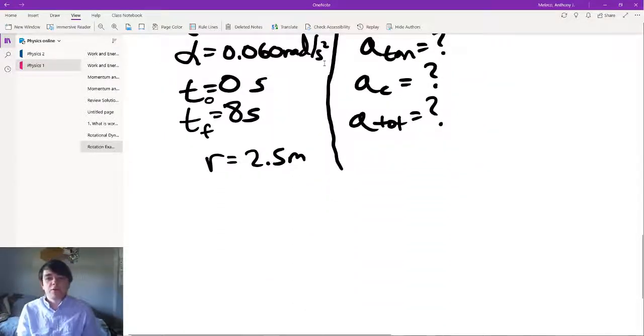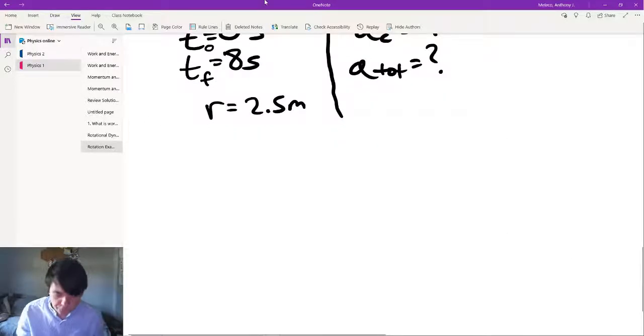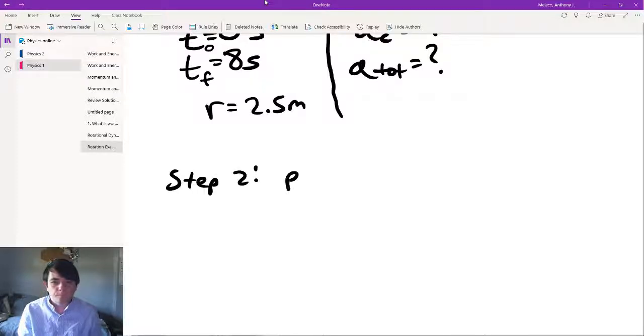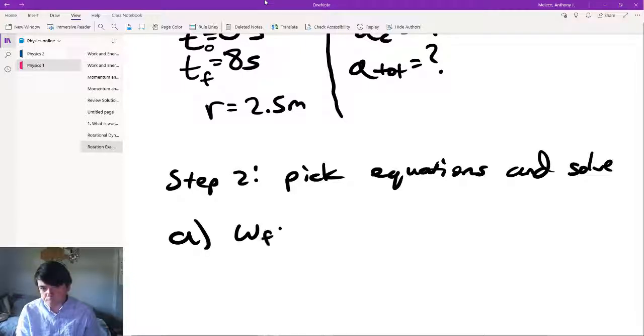So now what we need to do is go through and actually start solving. The first thing it wants is the angular velocity of the carousel at t equals 8 seconds. Okay, so step 2, pick equations and solve. So for part A, I'm going to go through.